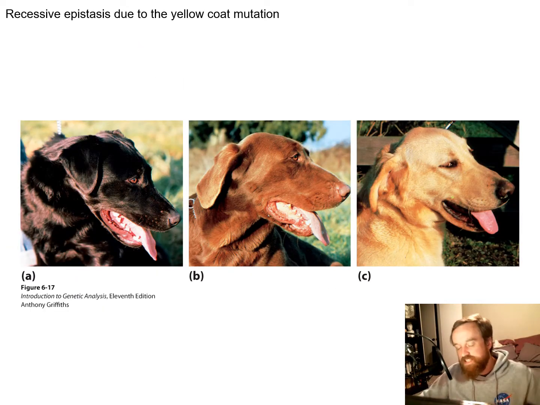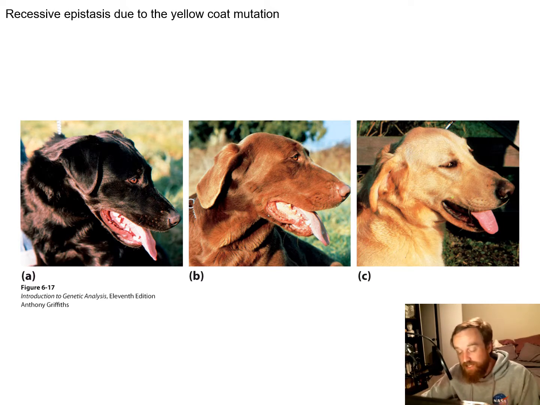So an example of this outside of plants, I'm sure you're getting sick of your plant examples by now, is with Labrador retrievers. And so this 9:3:4 ratio is seen in labs. There's a B allele which codes for black or brown. So the dominant black is black, the recessive is brown, but there's a second allele, this E allele, and that E allele is responsible for actually depositing that pigmentation into the coat.